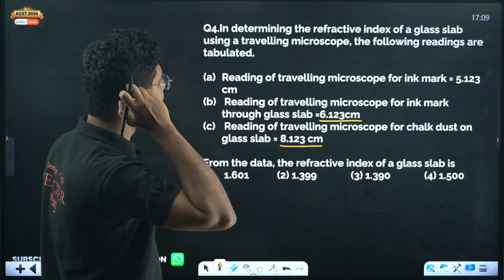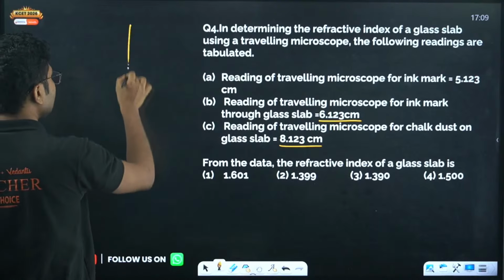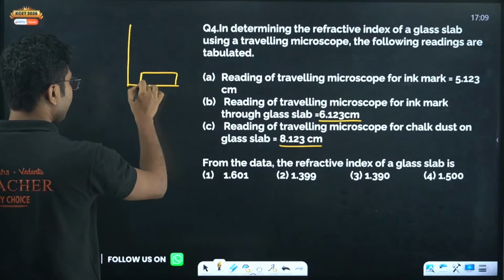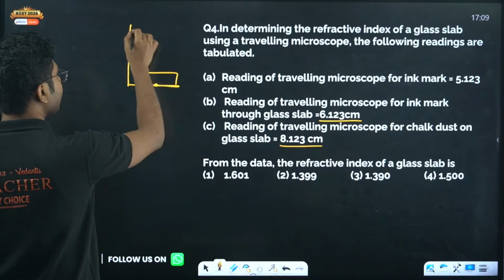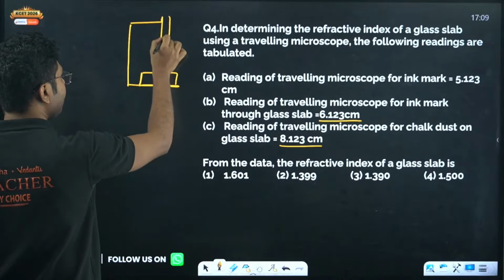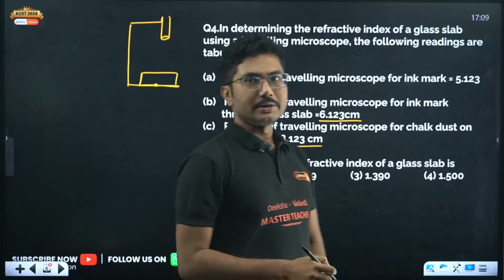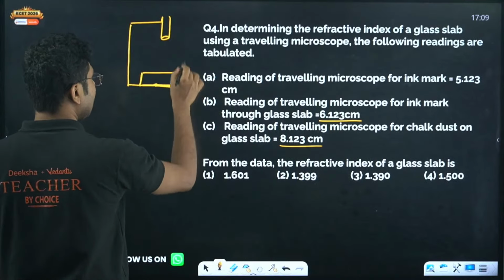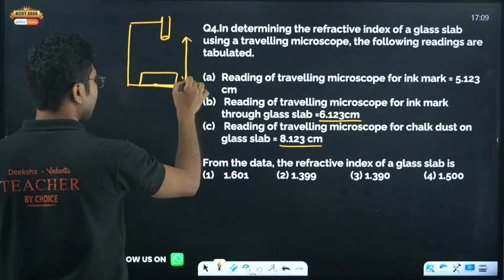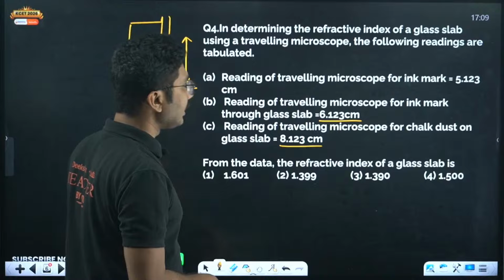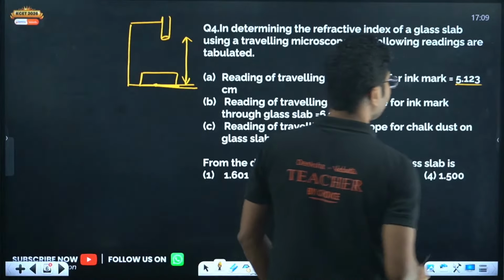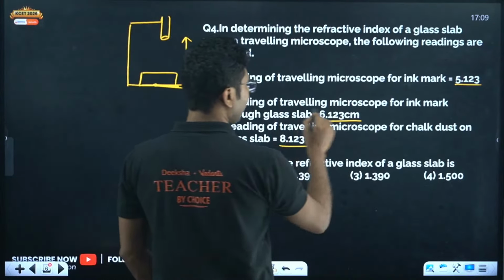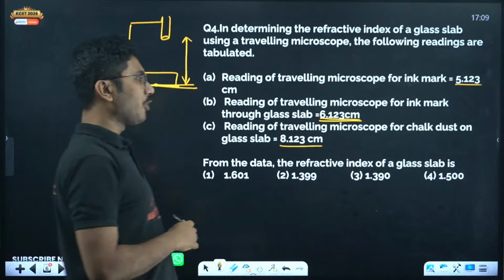So what basically is the meaning is that, when you are conducting the refractive index experiment, you have a glass slab over here, you have an ink dot over here. So this is the traveling microscope through which you are measuring, right? If you remember the experiment, this is how you measure. So basically the height of the ink dot is actually 5.123, but when you move it slightly upward because of the traveling microscope, the reading you are getting is 6.123.